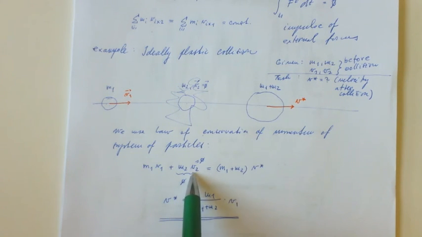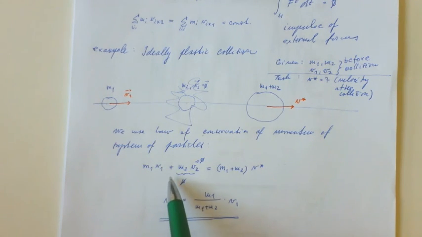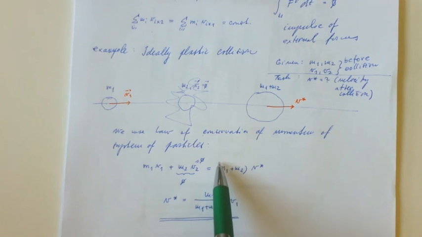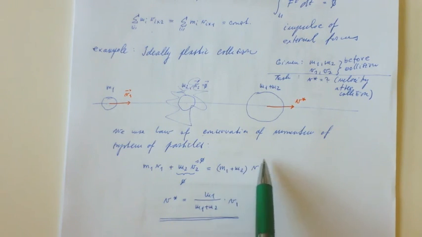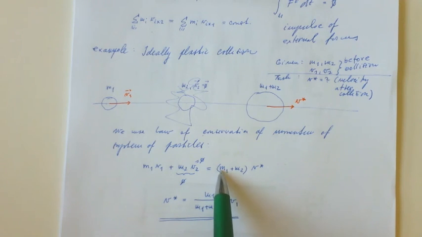So the momentum of the second particle is 0, and this sum before collision is equal to the momentum of the system after collision, and both particles are mixed together, so the mass of the system doesn't change.